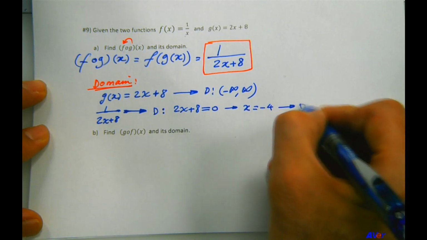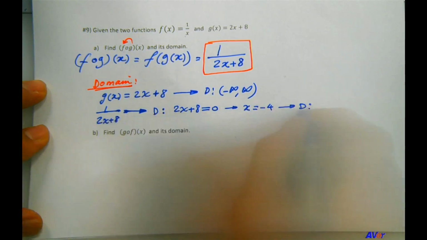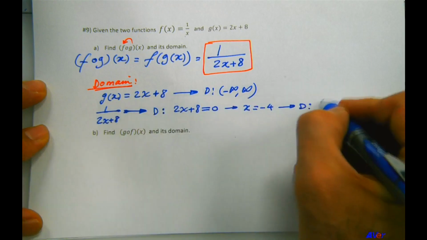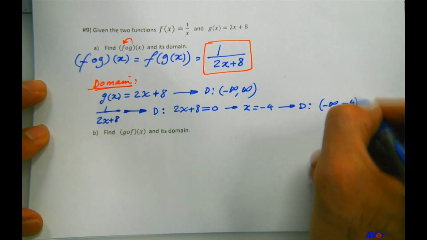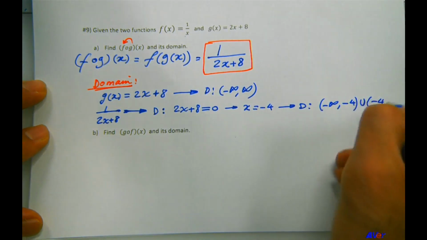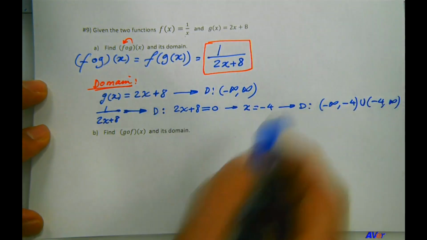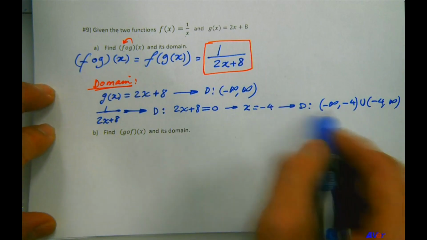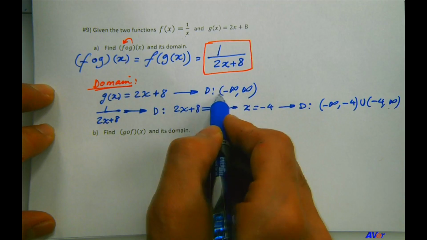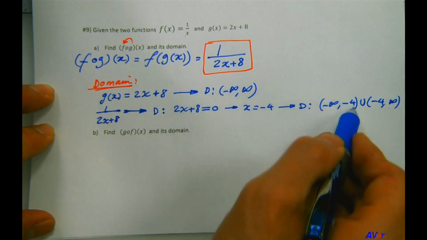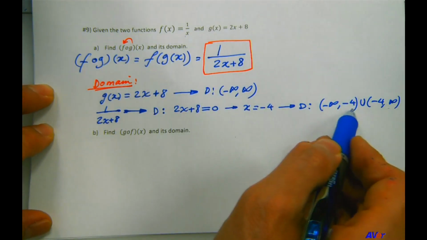So the domain of the composite function is negative infinity to negative 4 union negative 4 to infinity, excluding negative 4. Now, if you take the intersection of this with that, what do you get? You get itself. You get this again, which is fine.